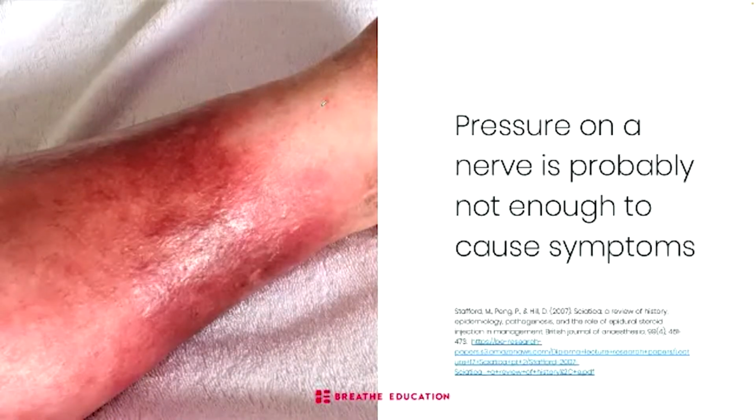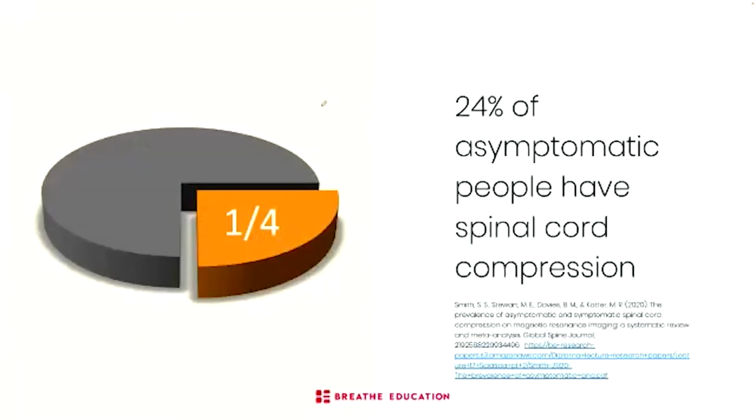And there's pretty good evidence that pressure on a nerve is not enough to cause symptoms, that you also need to have inflammation present. So you can have pressure on a nerve and be completely, fully functional, no pain, everything works perfect. In fact, about a quarter of pain-free, symptom-free people have spinal cord compression on MRI, right?